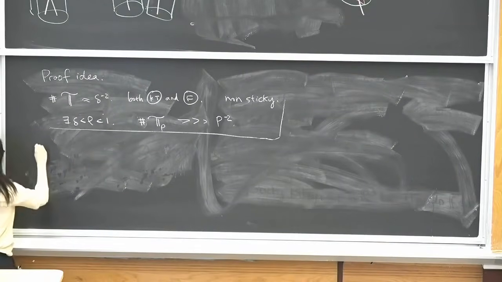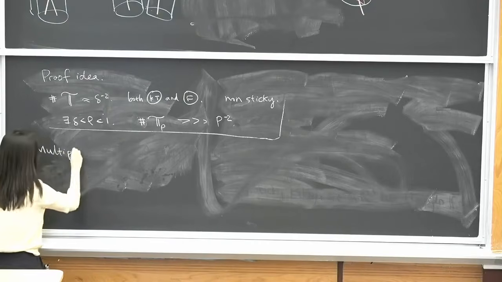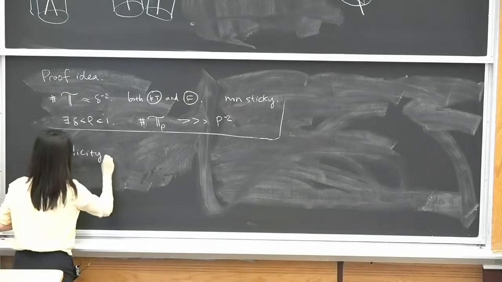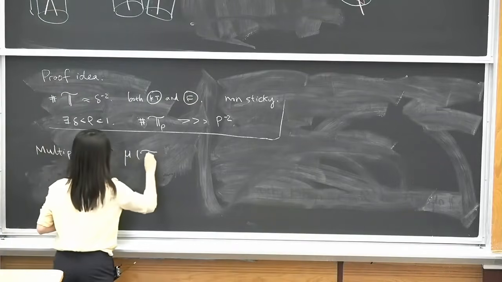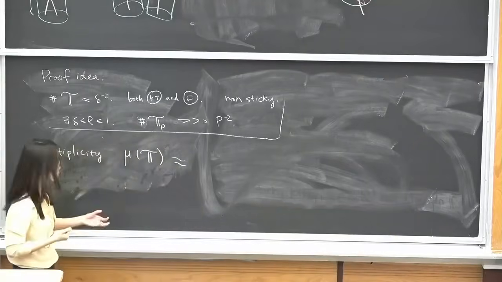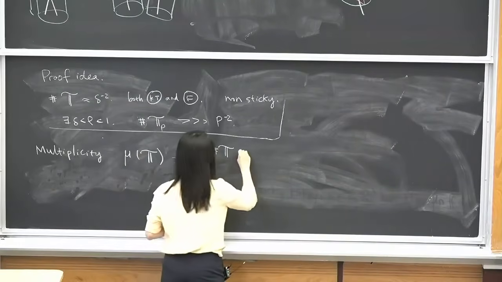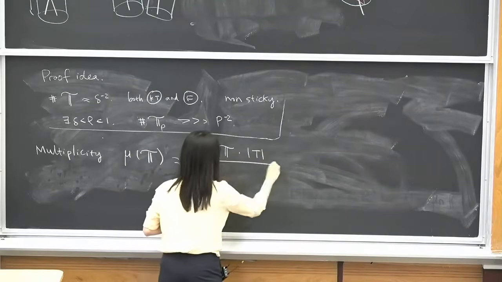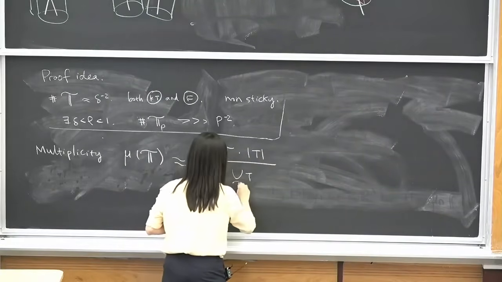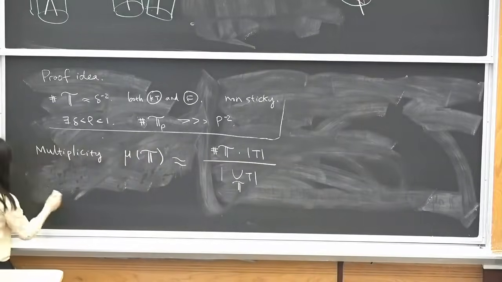Then we study the multiplicity of a typical point. So we define mu T as the number of tubes through a typical point. Here it is the number of tubes times the volume of a tube divided by the volume of the set. And we have some strategy.